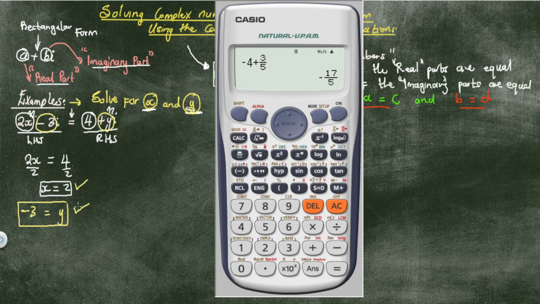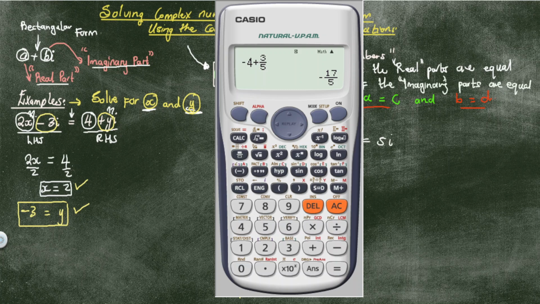Let's have a second example. Alright, here's example number 2. We have x plus 2y minus xi equal to 5i.